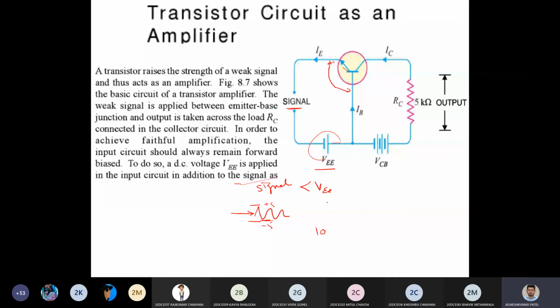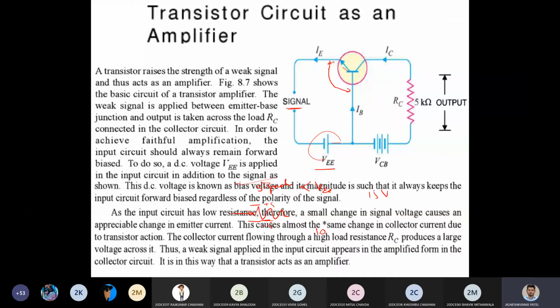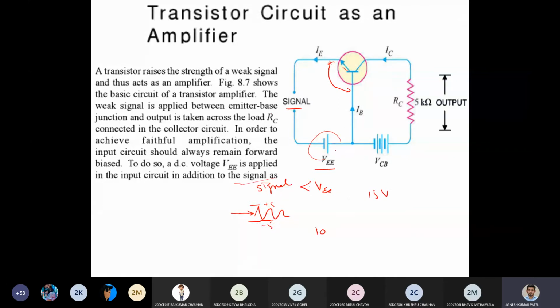The change can be from 15 volt, that is the maximum peak, +5 plus 10, down to -5 plus 10, that is 5 volt. So my change at this junction is 5 to 15 volt.